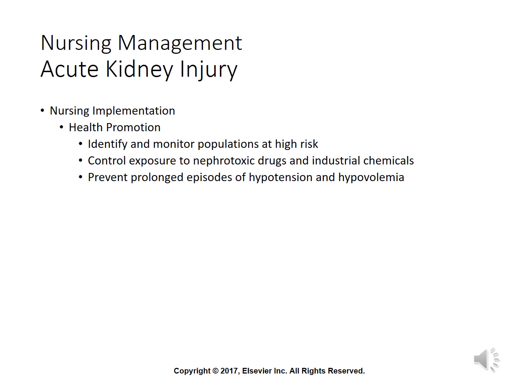So just making that quick phone call to the physician, informing the physician that your patient is 80/40 and you've rechecked it manually, they're asymptomatic, but maybe they just need a little bit of a fluid bolus to help prevent this acute kidney injury.